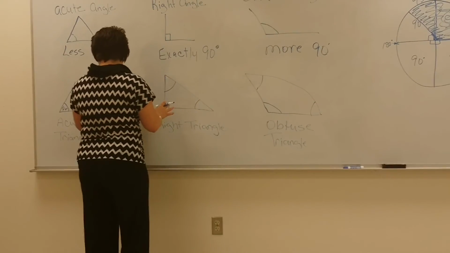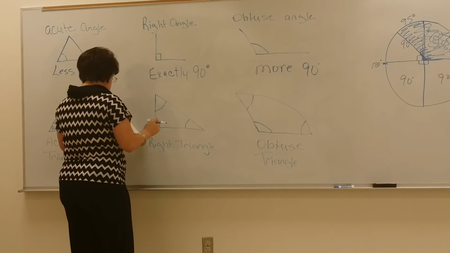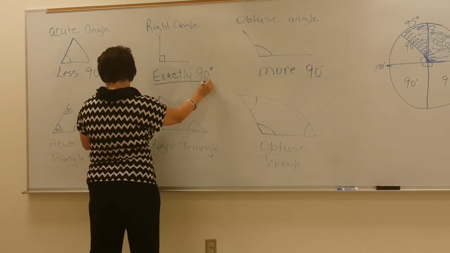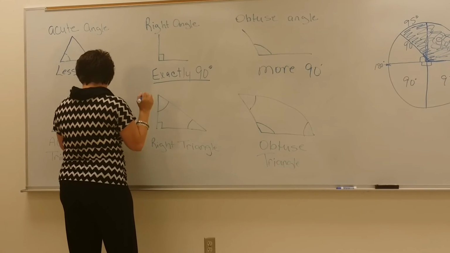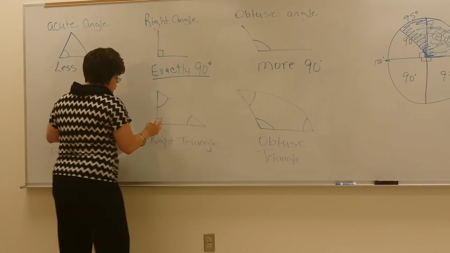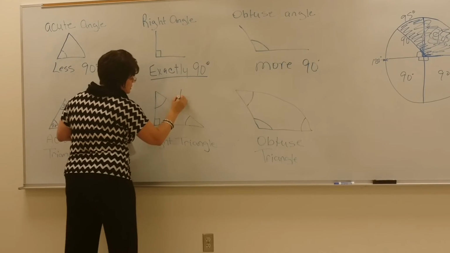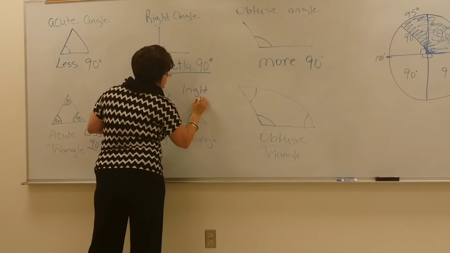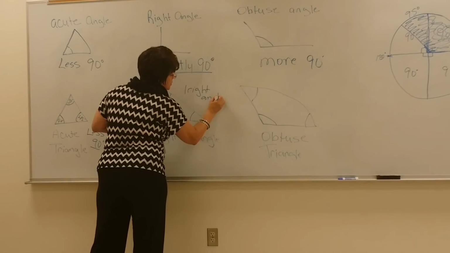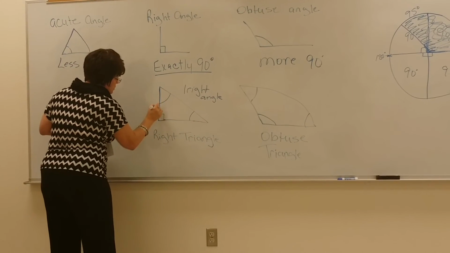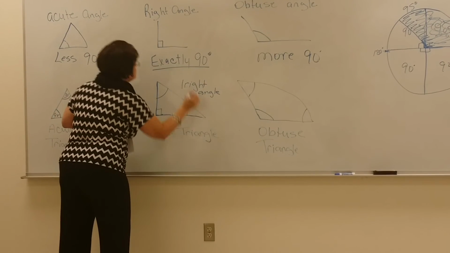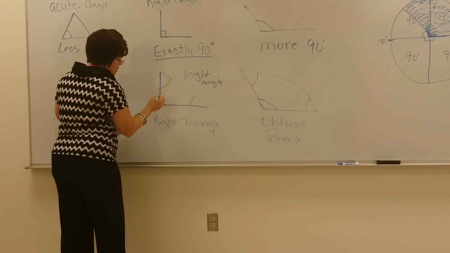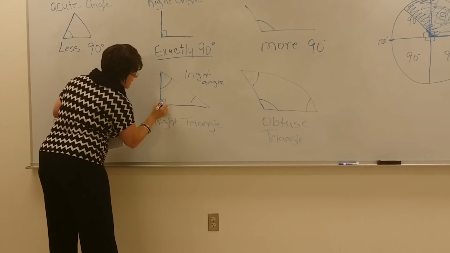A right triangle is exactly 90 degrees. And in a right triangle, what do you have here? You have one right angle. You see this? One right angle, same as this, one right angle. So this would be our 90.